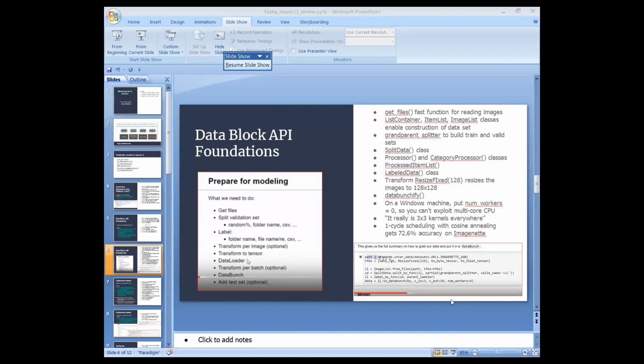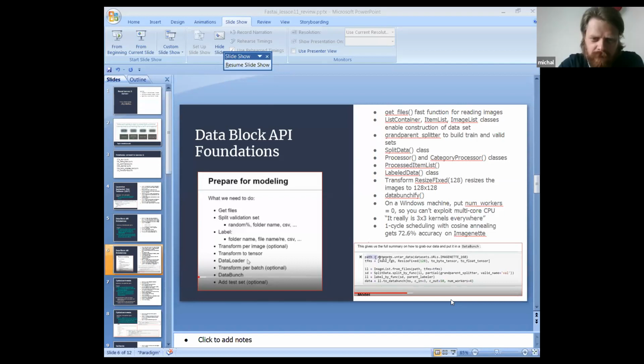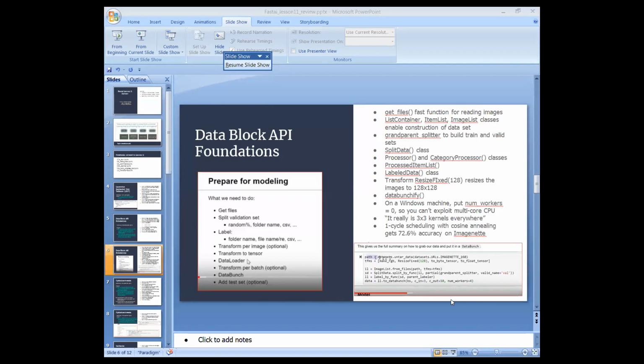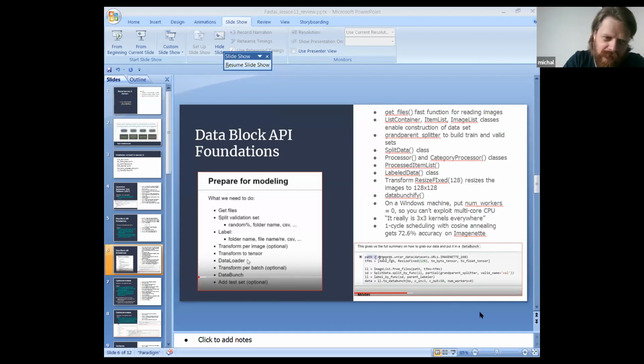So I noticed that my times are a lot slower than Jeremy's when I do pre-processing. They may be 3 times as slow as Jeremy's when I do pre-processing, and maybe only 1.5 or 2 times as slow as Jeremy's when I do the training on the GPU. Yeah, I think that's the PyTorch.